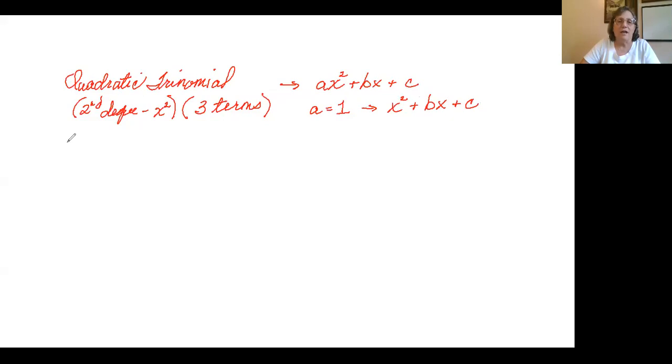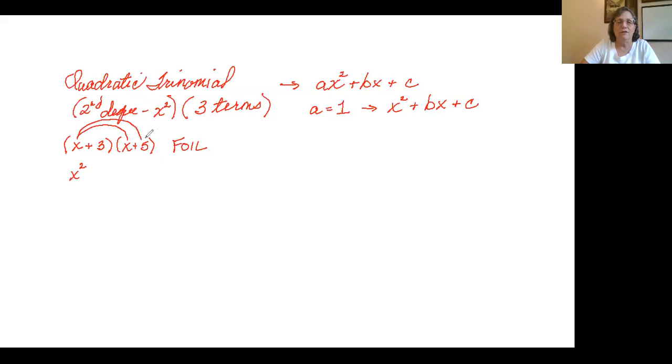Let's look at what happens if we multiply two binomials. Let's say we want to multiply x plus 3 times x plus 5. So we FOIL this out. The first will be x times x is x squared.